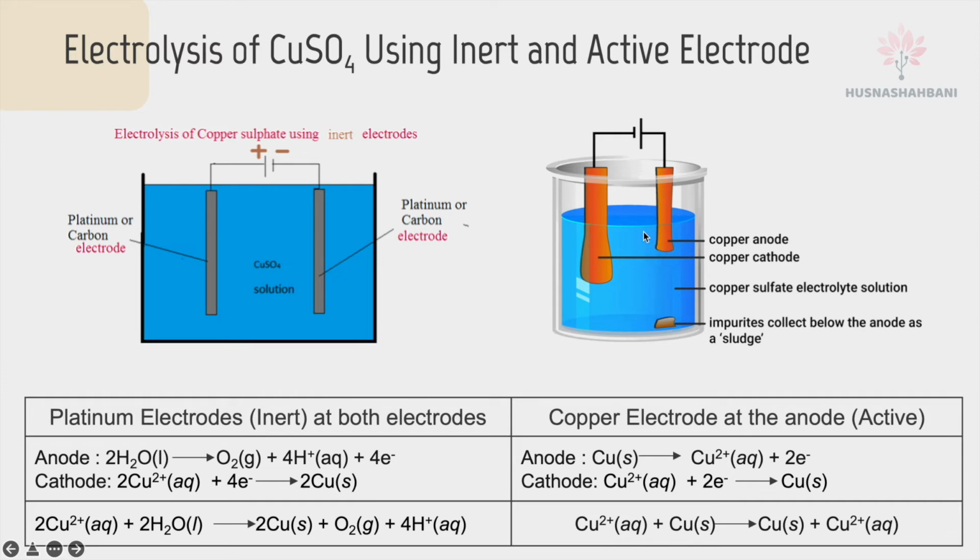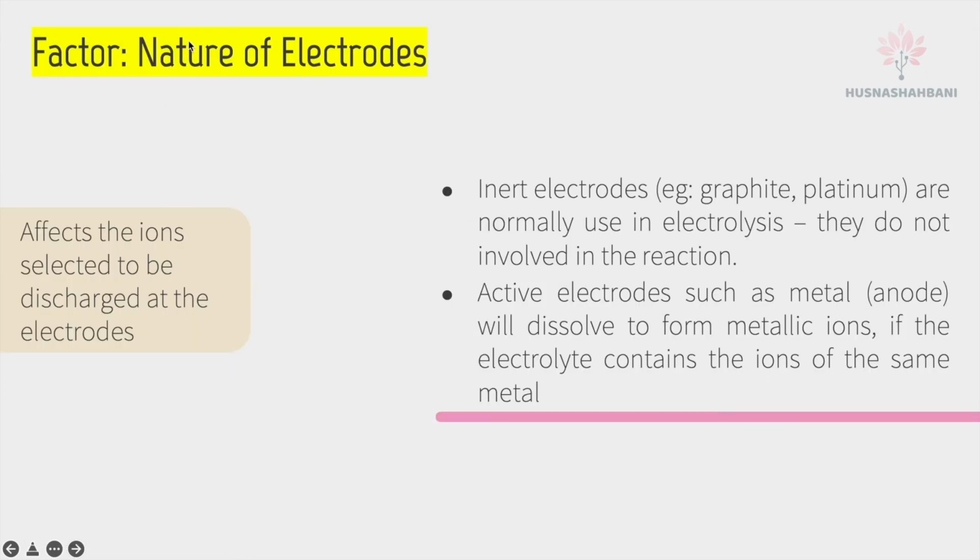The ion of the active electrode will be chosen to undergo oxidation, because at the anode you use the electrode that has the same ion as the electrolyte. That's what is meant by the factor nature of electrode. Active electrode will dissolve to form metallic ion if the electrolyte contains the same ion of the metal active electrode. Okay, we ignore the electrode potential value, we choose the active electrode.